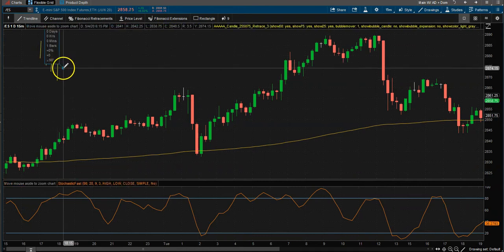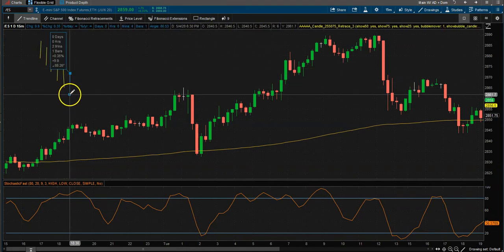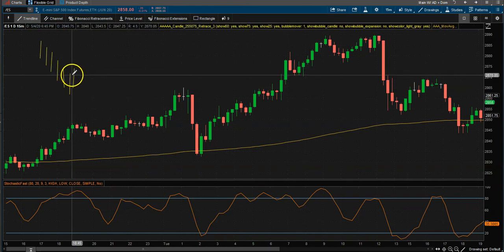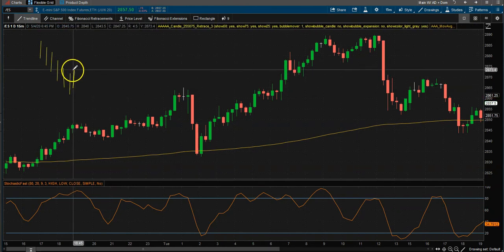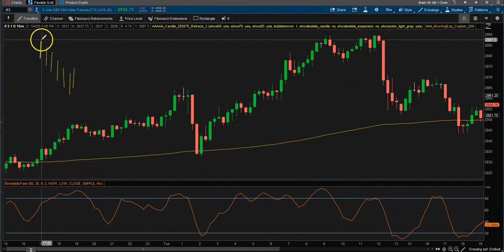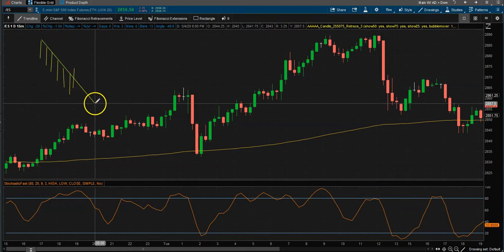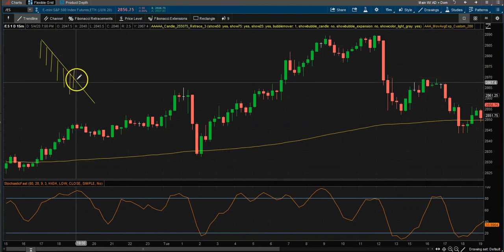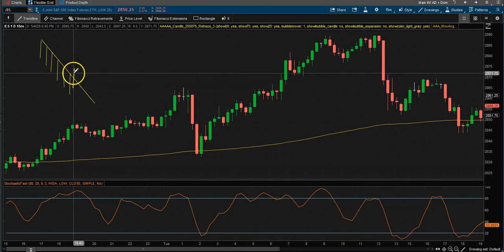So you keep going down, down, down. Well, the minute one candle breaks above its previous candle's high, like this one right here did, you have now reversed the trend. And if you drew a trend line, we're just on one side of the trend line. The minute we break above, we're now on the other side of the trend line.